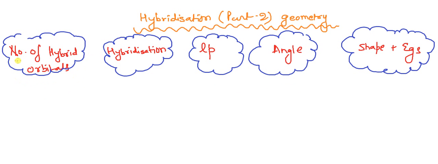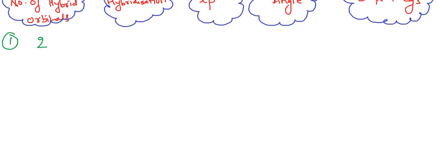Okay, so number of hybrid orbitals, as we've calculated in my previous videos, that we've seen the method to calculate the hybrid orbitals. So what kind of hybrid orbitals can we get? There are many cases. The first case is you can get it as 2. Number of orbitals can come out to be 2. Okay, and then we will see another, the hybrid orbitals can come out to be 3. Okay, there's another case, hybrid orbitals that can come out to be 4.